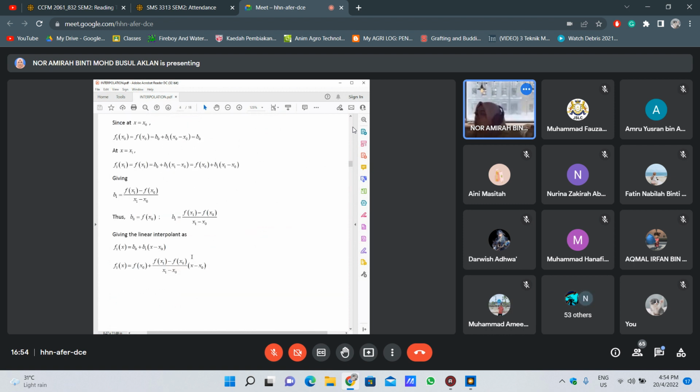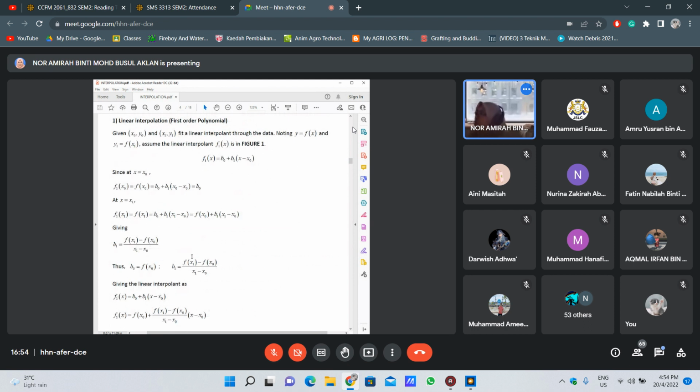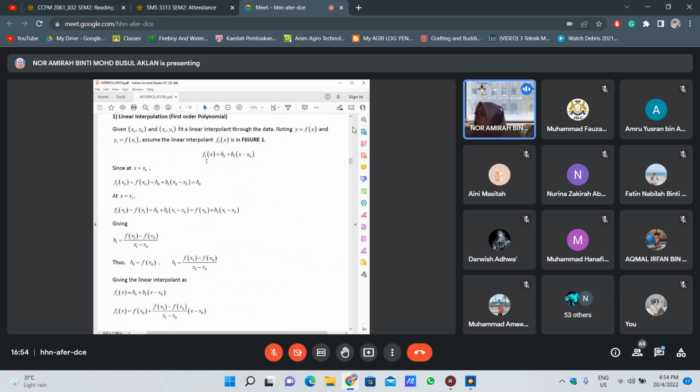Then the formula is this one. You need to find f1(x). So yang ni awak kena cari. Meaning that you have to know what is b0 and what is b1, because the f1(x) you're going to find needs b0 plus b1 times (x minus x0).